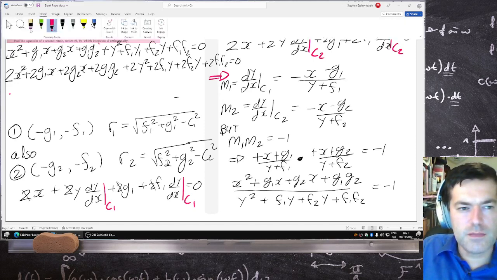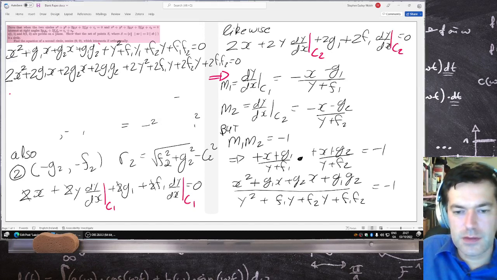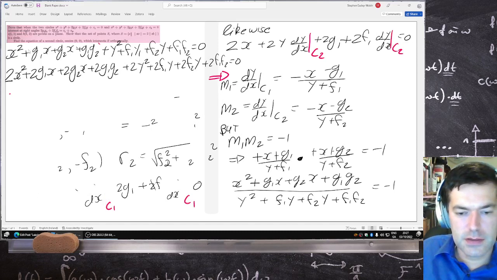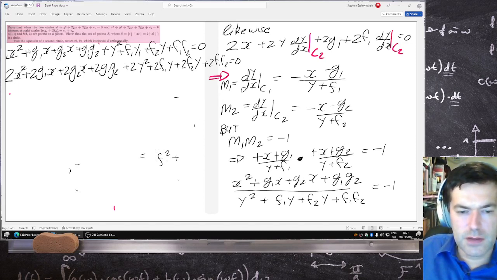Getting closer. I can feel it. Didn't really need to know the radius. So I'll just make a bit more space here. We can finish it off.